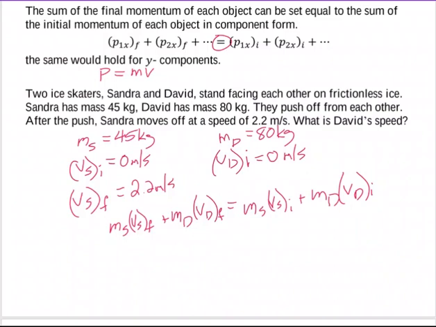That's the conservation of momentum formula. Okay, so we always start with that. Now, what do we know?